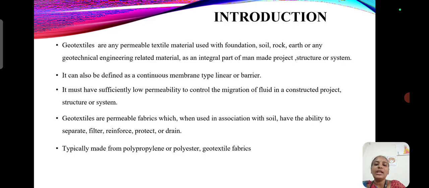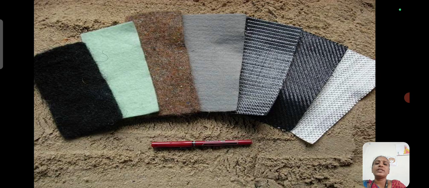It is very helpful to control soil erosion, drainage and soil stability because of their characteristics. These polypropylene or polyester fibers act as a selective filter to prevent soil particle movement. So we just discussed what fabrics we are using in geotextiles.